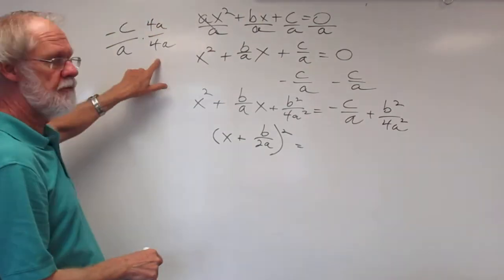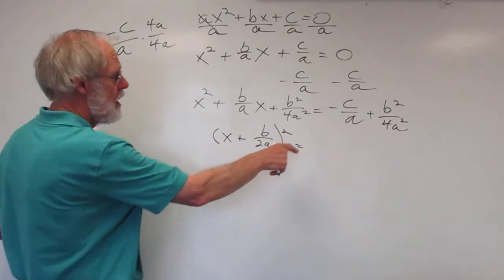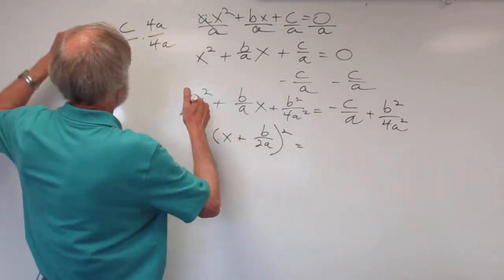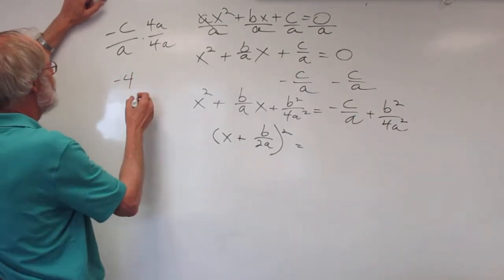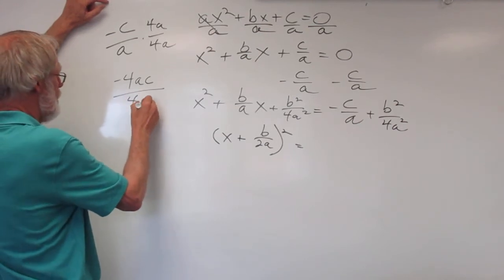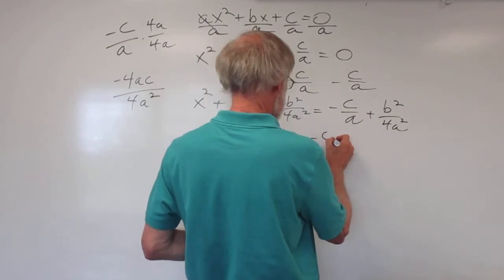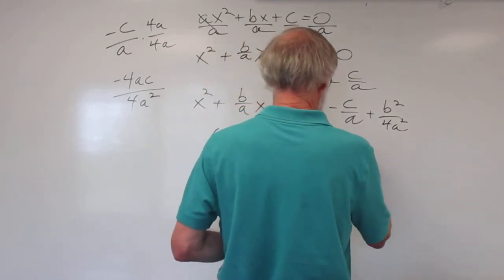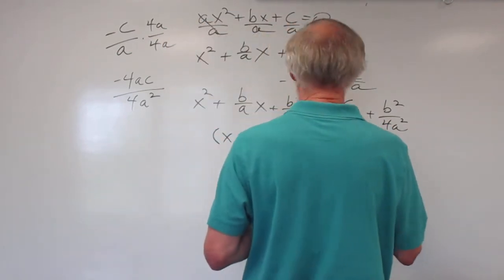Notice that 4a over 4a is equivalent to 1, so I'm not actually changing the value of negative c over a. But I am putting it in a different form, and it becomes negative 4ac over 4a squared.